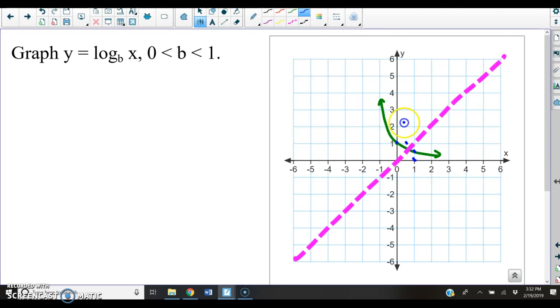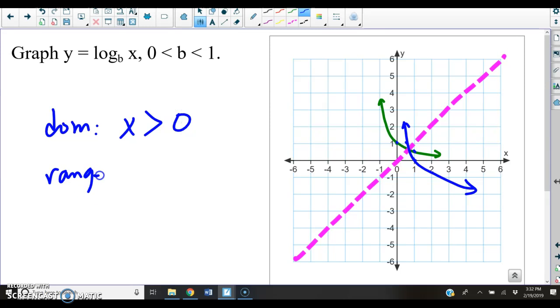Okay? So it's going to go this way. And it doesn't seem to be a whole lot different, but it is, because again, your domain, x has to be greater than 0, and your range can be any real number. Y is a member or an element of the real numbers. Okay? So just some quick looks at that.